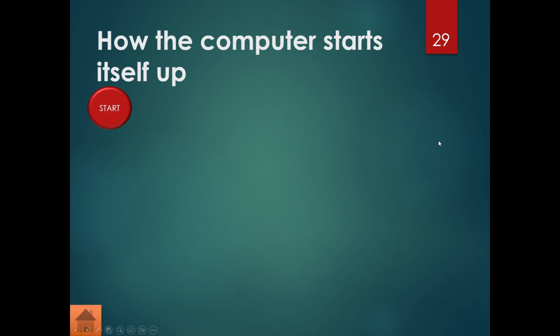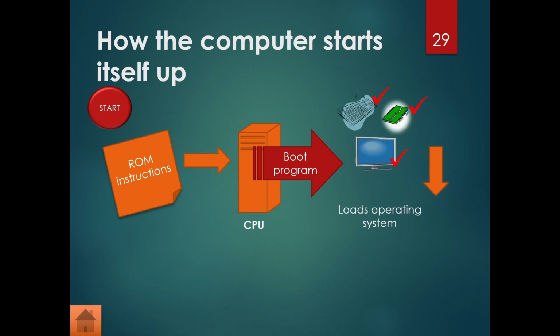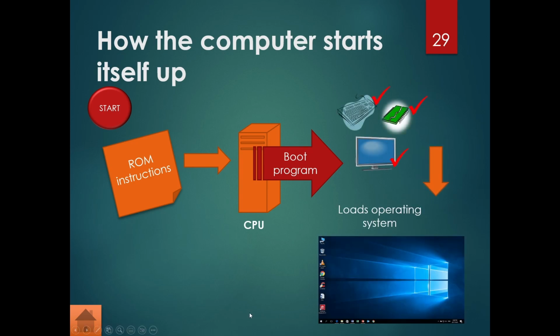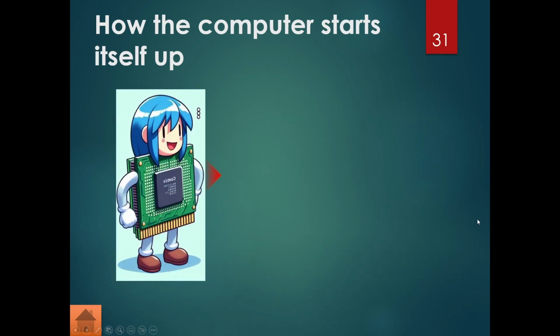Then the process of how the PC starts up, and I'm just going to click through all of this because by now you should know. You want to know terms like booting up, the fact that the first screen that we see, once our PC loads is our desktop, if you haven't got a username or password. So remember the fact that we switch it on.